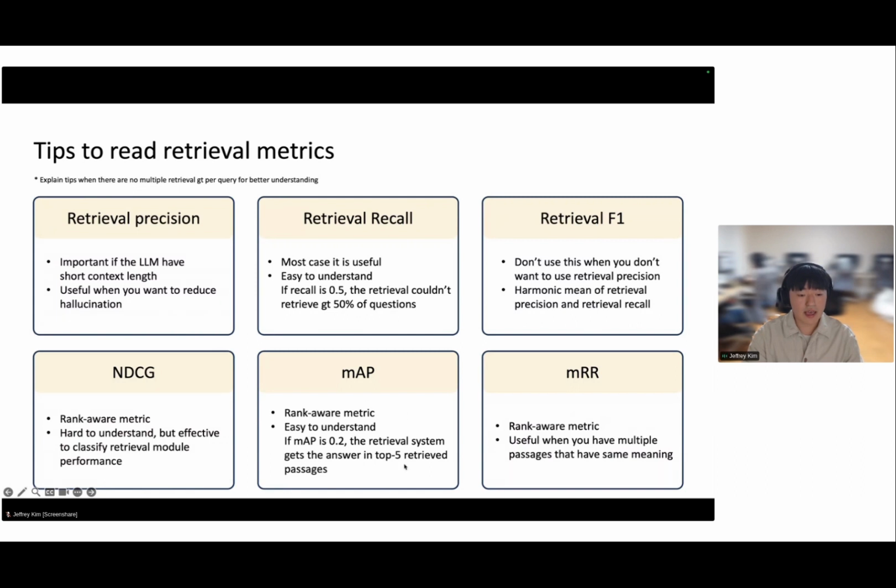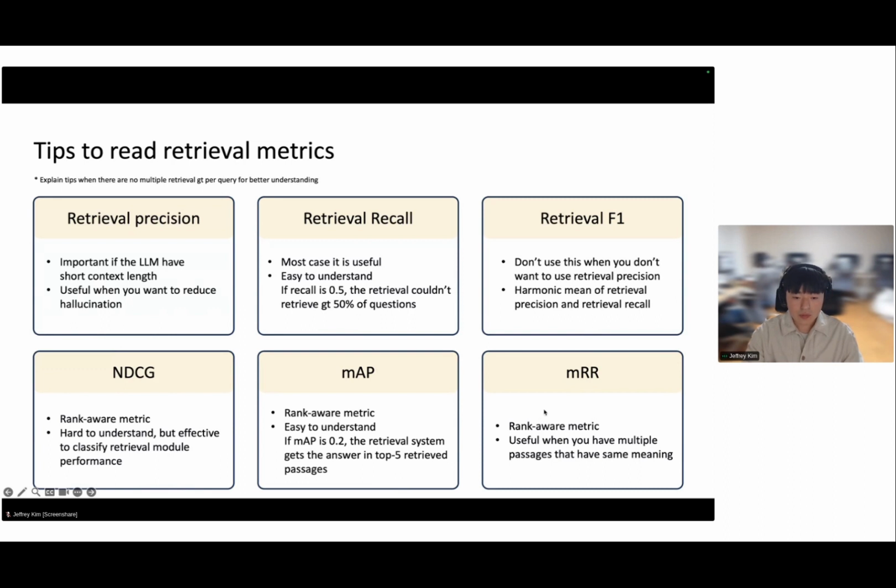But on the other hand, MAP is really easy to understand. If MAP is 0.2, the retrieval system gets the result in the top 5 retrieved passages. So it is really easy to understand. And MRR is quite similar to MAP, but different.